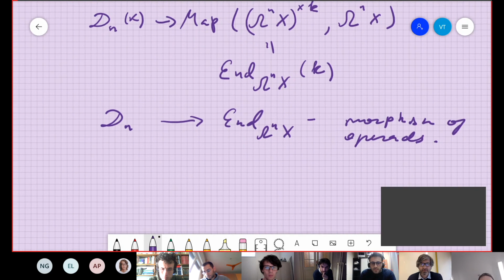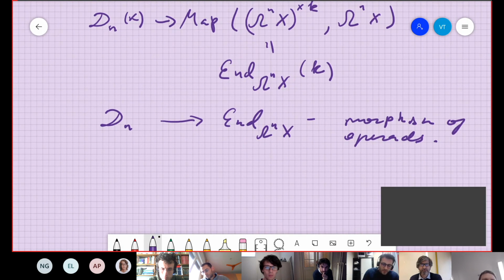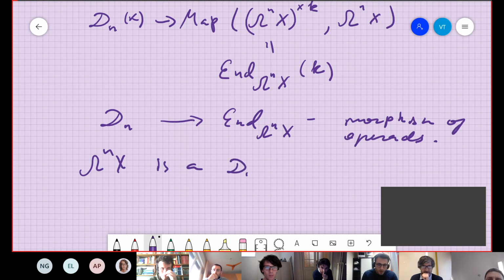Right, and therefore omega n of x is naturally a Dn algebra.